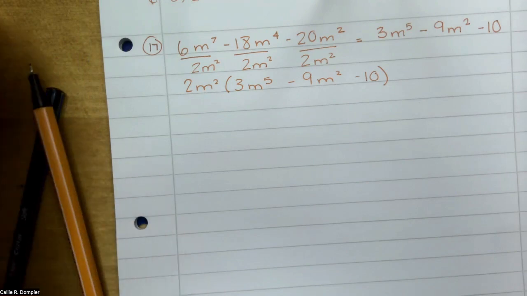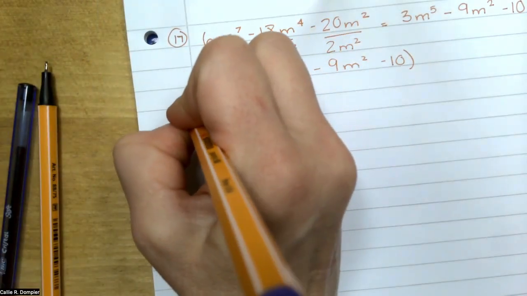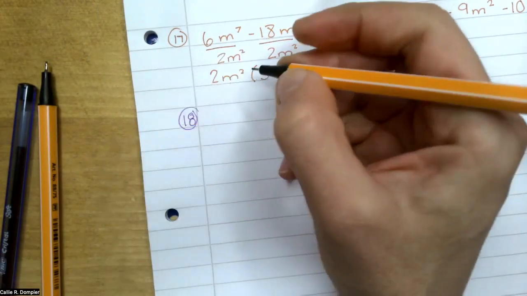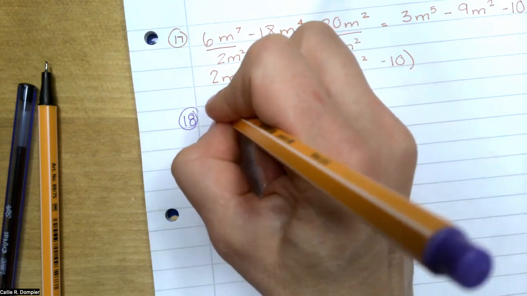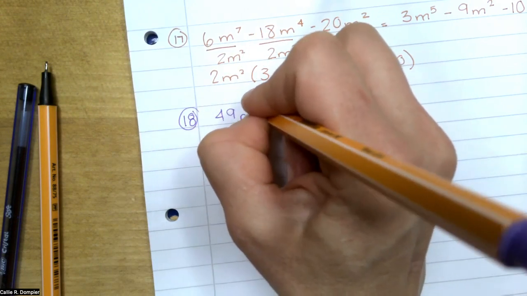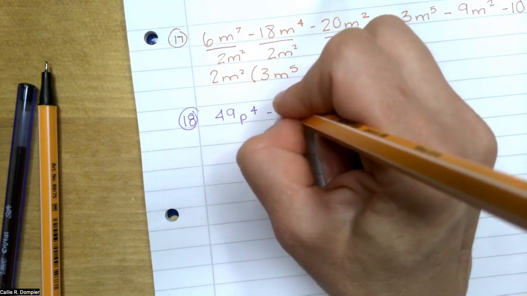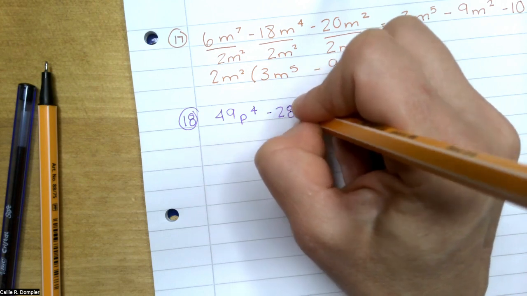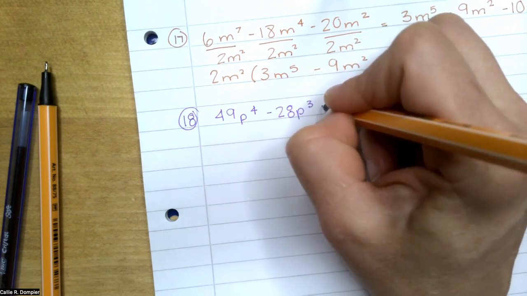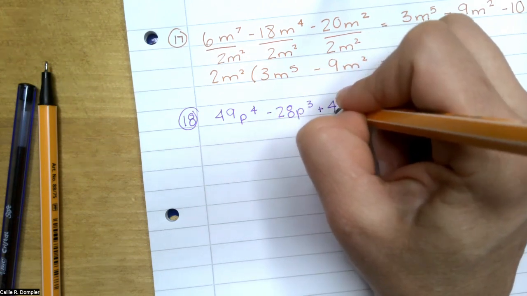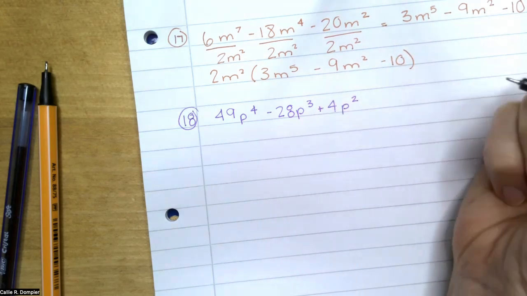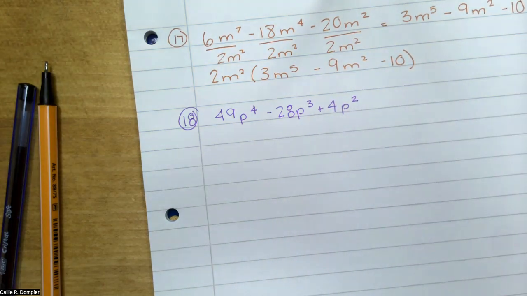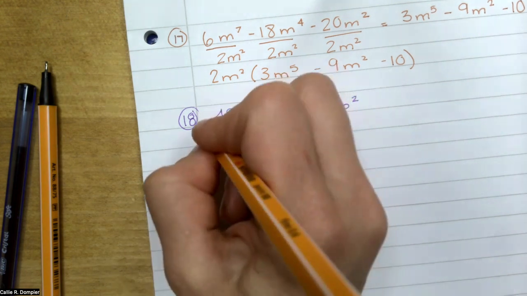Number 18 is 49p to the fourth minus 28p to the third plus 4p squared. I don't think 49, 28, and 4 have any common factors, but we can take out a p squared, right?